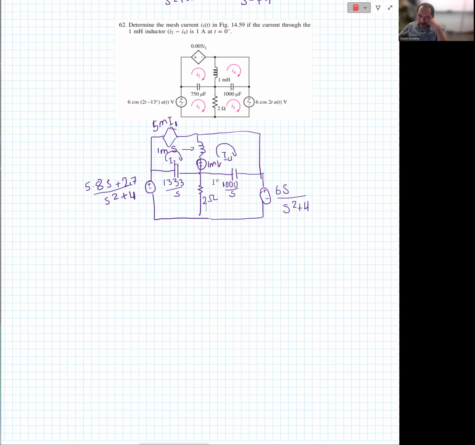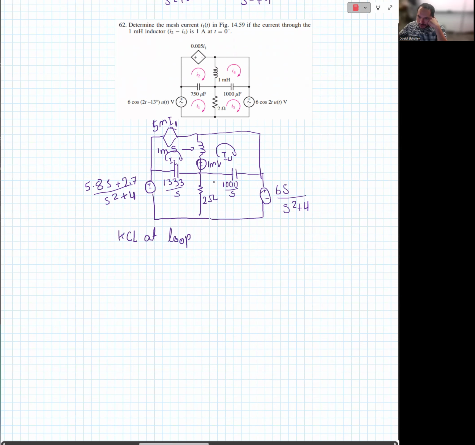So let's apply KCL at all the loops. KCL at loop 1, we get something like negative V1(s) plus, let's call these C1, C2, L1, hopefully this will make things easier.